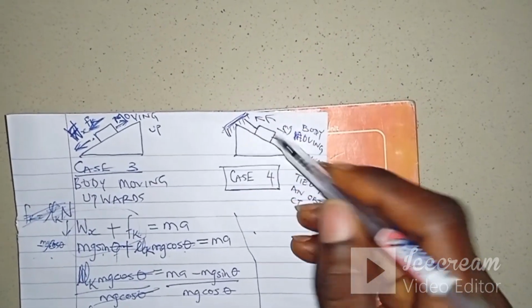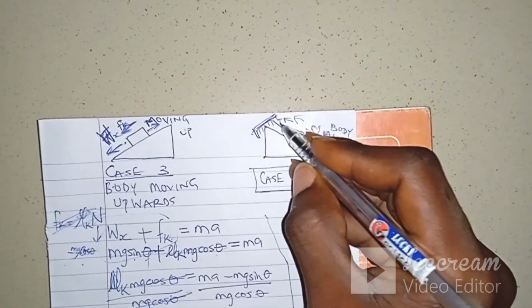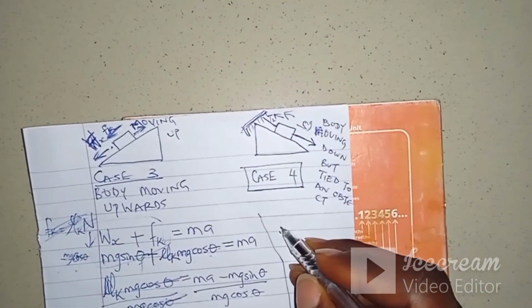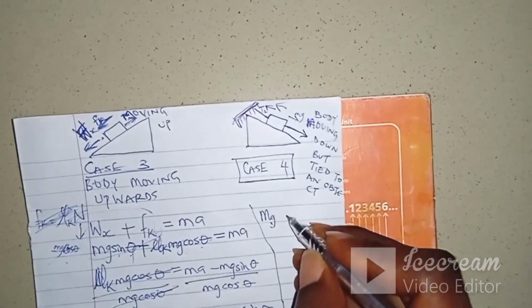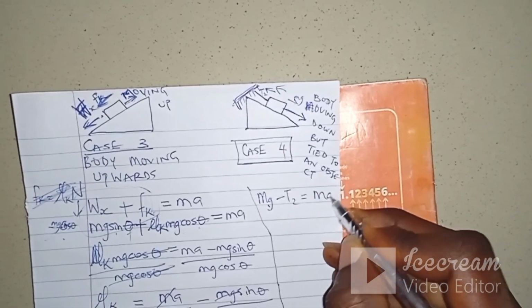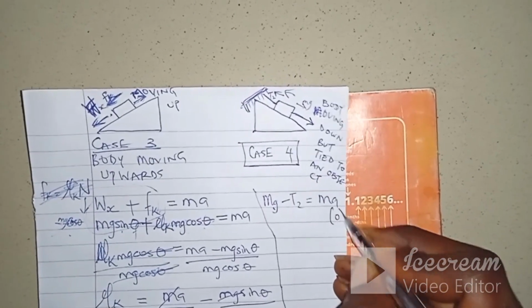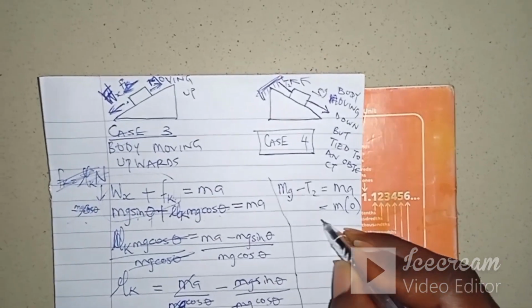But notice that everything here will be equal to 0. So let's call this T2. It's going to be in such a way that we have mg minus T2 equals ma. And here a is 0, and there's no acceleration there, no movement. So it's equal to 0.